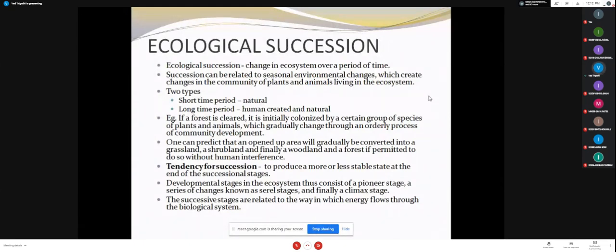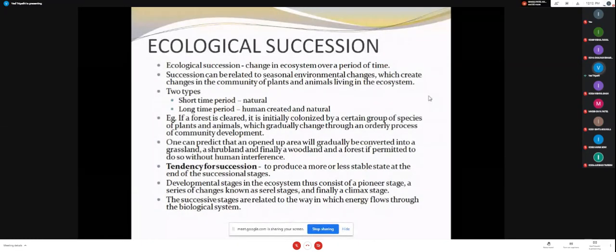If we are observing ecological succession over short periods of time, it is natural ecological succession that we are observing. And when we are observing over a very long period of time, then that ecological succession may be human created, that is man made, or it may be natural.